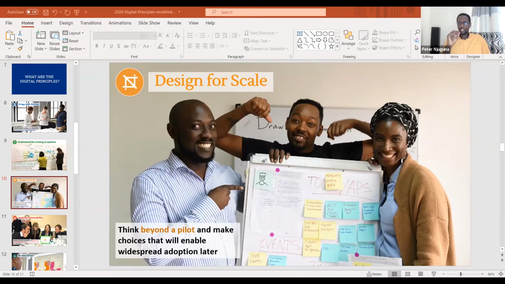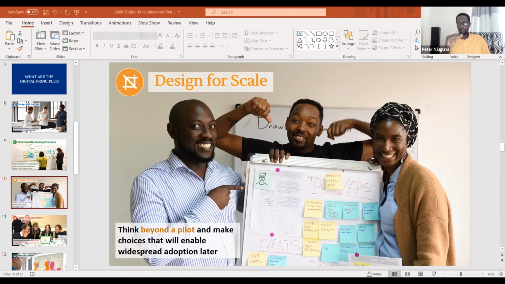Think beyond the test. Because ultimately, no development organization wants to stop at the test stage and leave it there, because the real benefits, the impact, is not measurable at the test environment, at the pilot stage. The real impact is at scale.